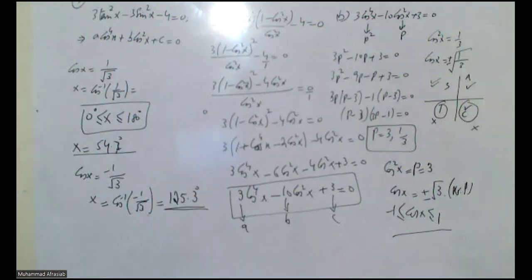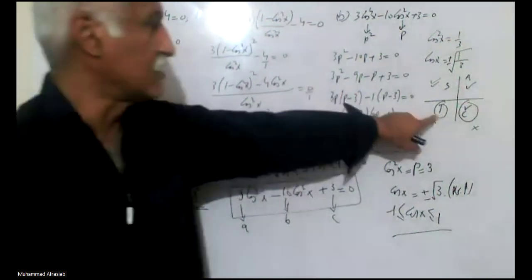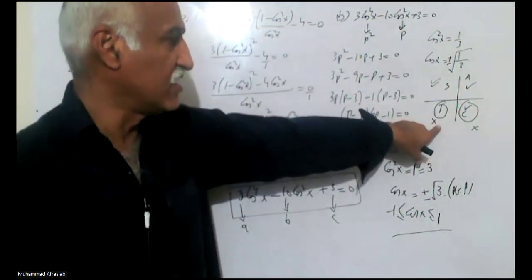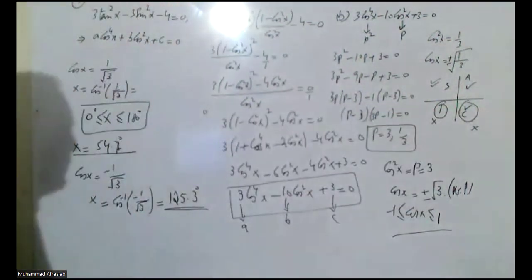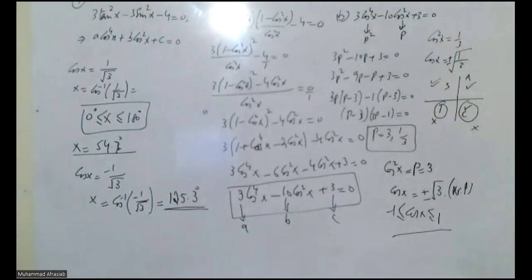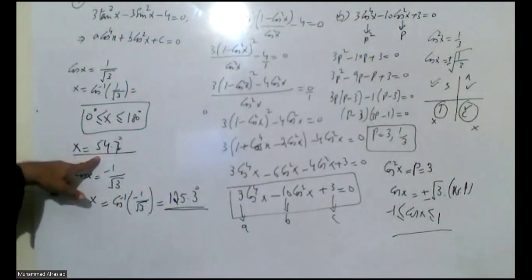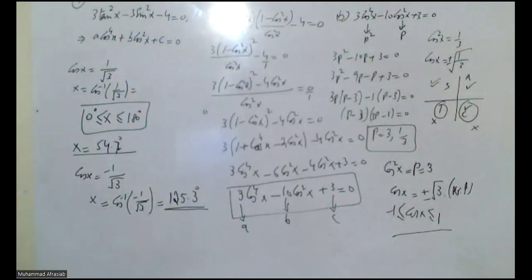So this is the second value. Cos is negative in this quadrant, and also negative in the other quadrant, but that is not in the range of that function, from 0 to 180. So that's why these are the only two values: one is 54.7 and one is 125.3.